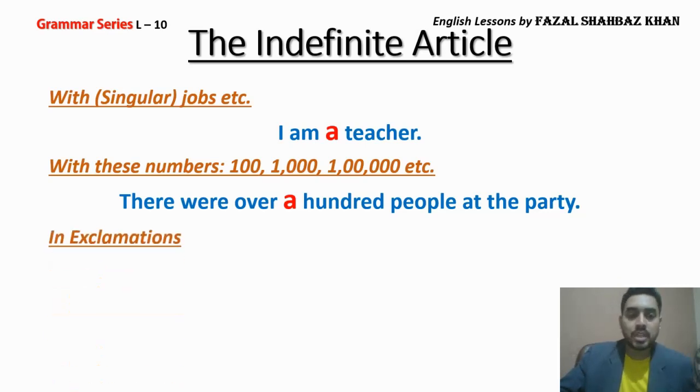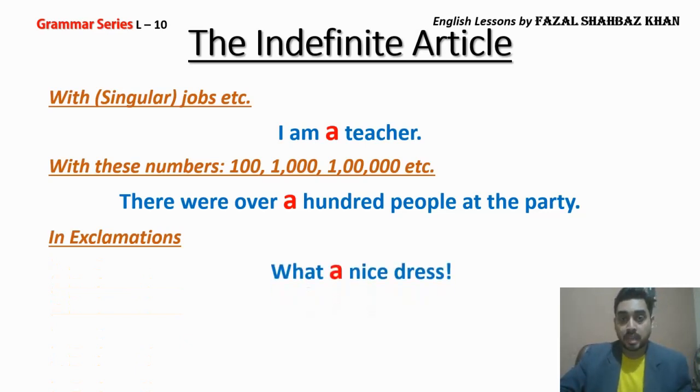And last but not least, we use the indefinite article before exclamations, or any idea that comes out suddenly, and in writing when we attach an exclamation mark at the end. So in exclamations such as what a nice dress, what an idea, what a way to do this, what a nice try.